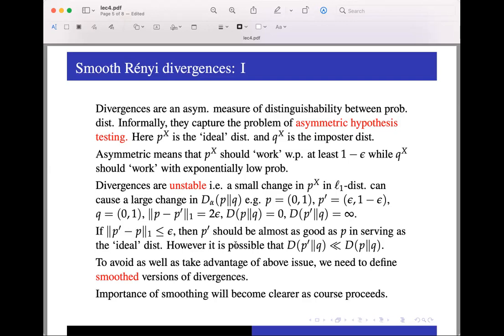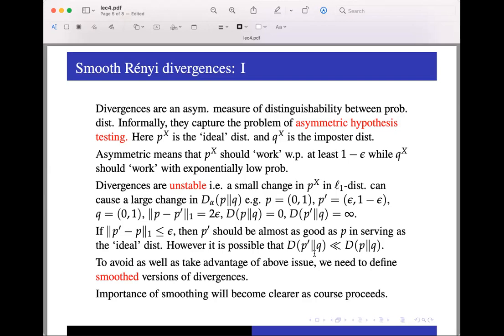So the idea being that if P prime is close to P in L1, then P prime should be almost as good as P in serving as the ideal distance. Okay. But unfortunately, as you've seen, the relative entropy of P prime with respect to Q can be much, much smaller than the relative entropy of P with respect to Q. And because my cat has aged, an imposter cat can pass off as my poor pet cat with much, much higher probability than before.